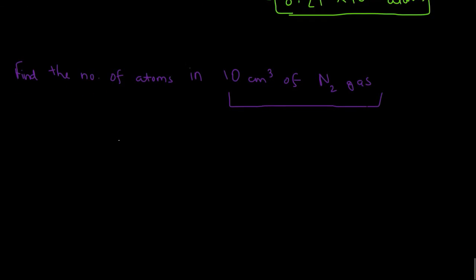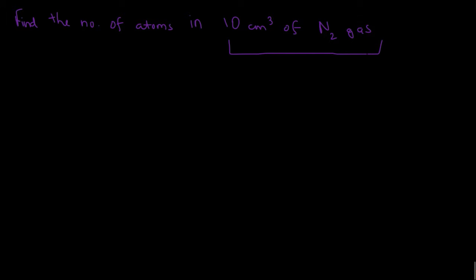So what we're going to do is use the third formula to calculate the number of moles present in nitrogen gas. So the steps should be like this. We find the moles from the volume.